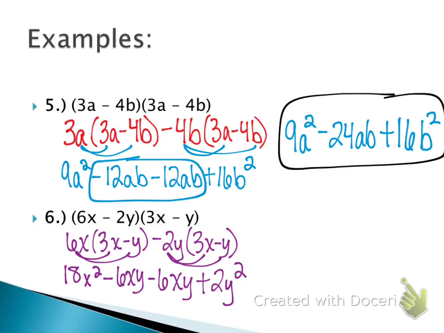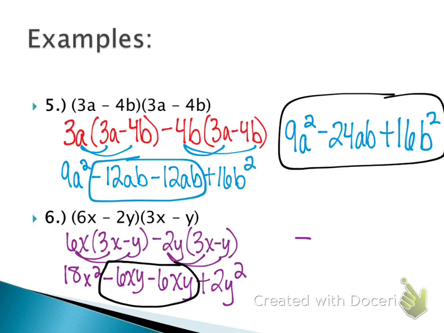Now we're moving on to combining like terms. Deshaun, what can we combine? Good. The negative 6xy's can get combined in the middle here. What does that give us, Deshaun?